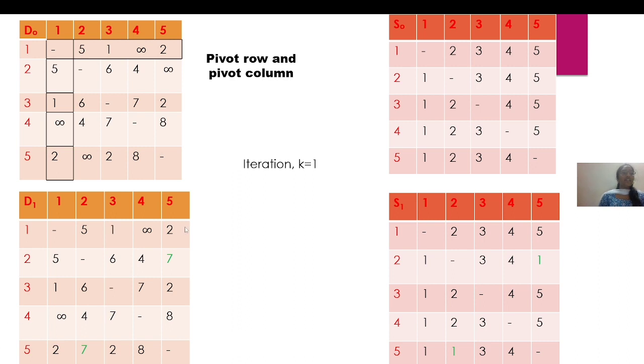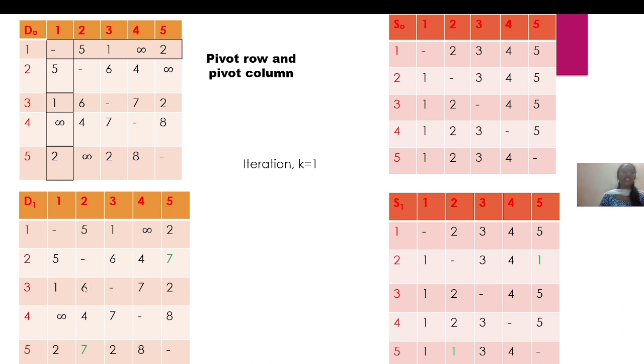Okay, next for 3. For 3 we are going to check this third row. That is, we check this cell, the corresponding pivot column and pivot row, add them and check whether this number is less than the cell entry. That is 5 plus 1 is 6, not less than 6.